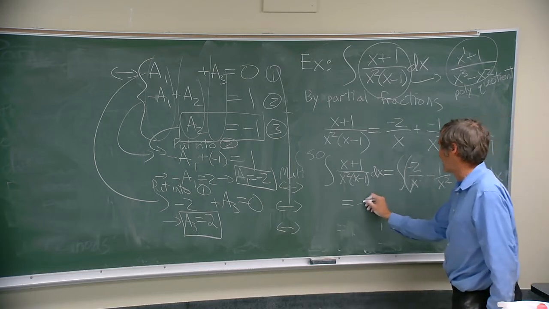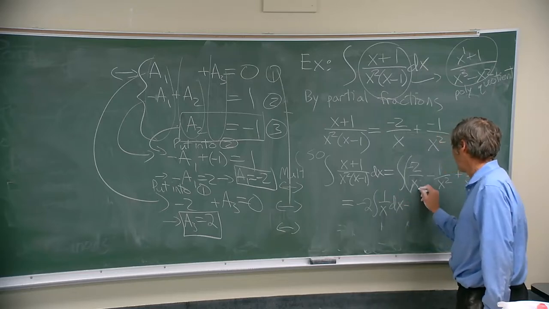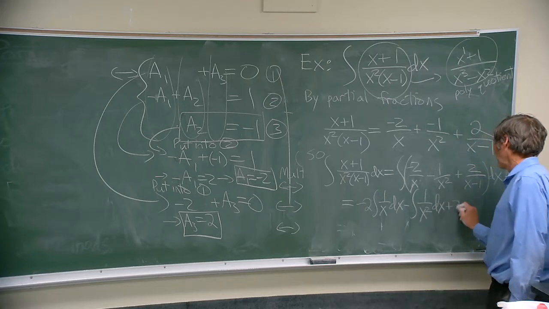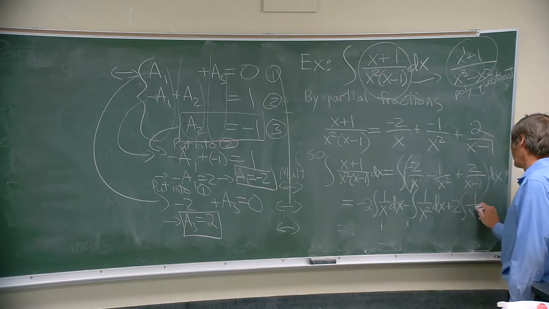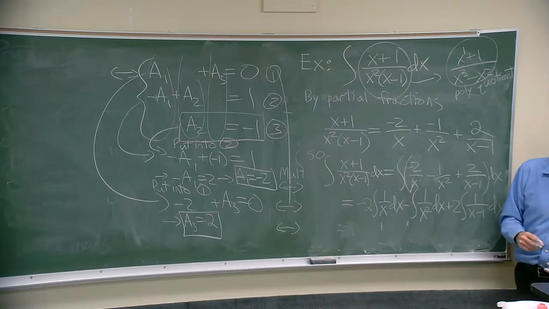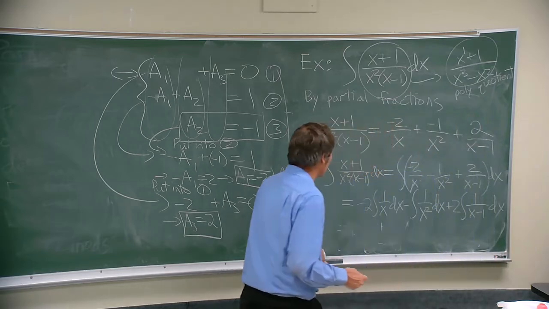And this one falls to all our previous techniques. All right? So we say the integral of a sum is the sum of the integrals, pull the constants out, it gives us minus twice the integral of 1 over x, minus once the integral of 1 over x squared, plus twice the integral of 1 over x minus 1.